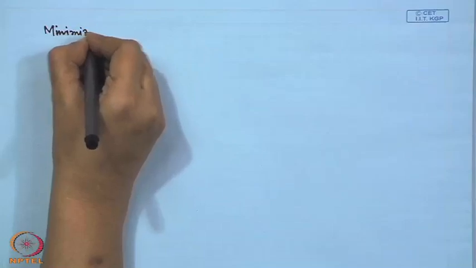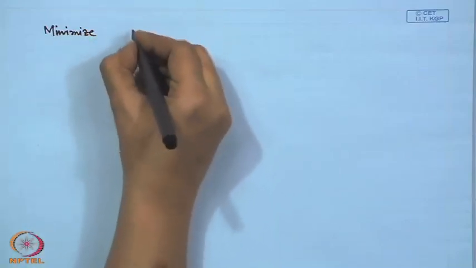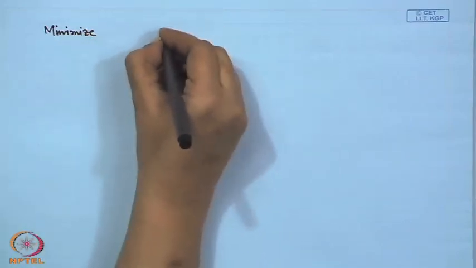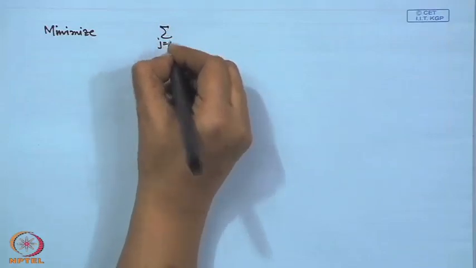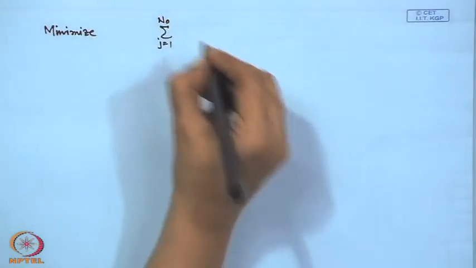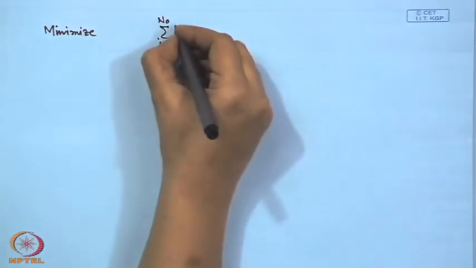Let us consider the general constrained geometric programming problem in this way. Minimize the objective function, the sum over j equal to 1 to n0, as we have n0 terms in the objective function.